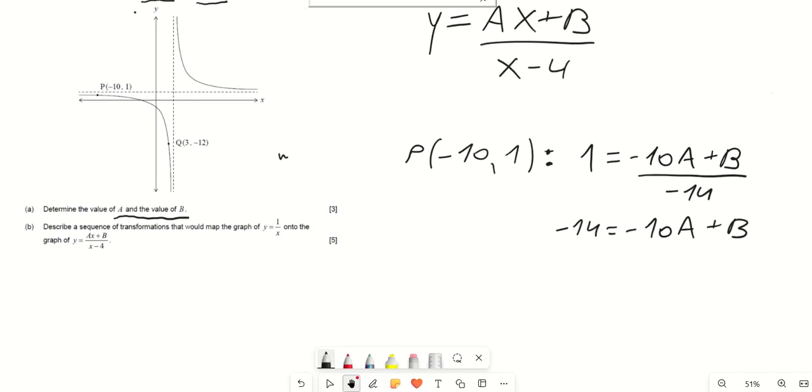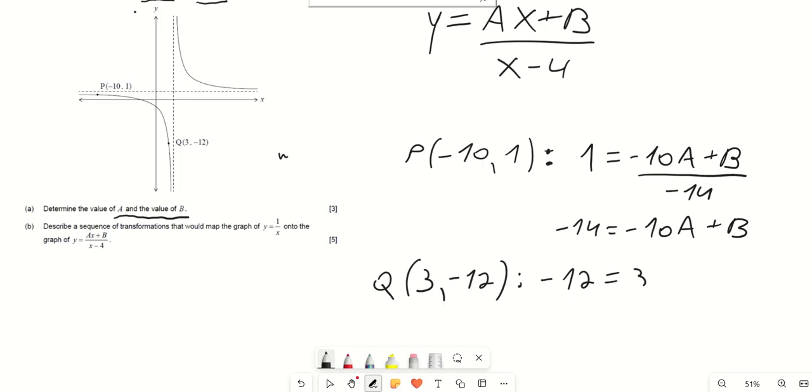Now I'm moving on to the point Q. The point Q has coordinates of 3 and -12. So substituting in the equation of the curve, I get -12 equals (3a + b) divided by (3 - 4), which is -1.